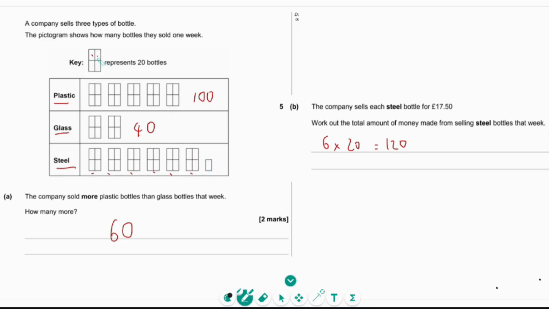So if the whole thing represents 20, 20 divided by 4 is 5. So this is 5. So we've sold 125 bottles at £17.50 each. So I need to multiply by £17.50 to work out the total. £2,187.50.